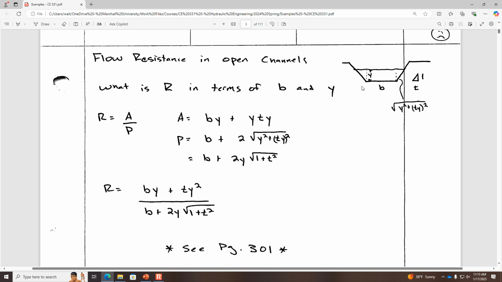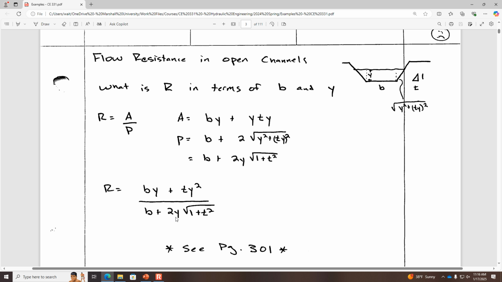There's one on the right, one on the left, and each one of them is the square root of y squared plus ty squared. So ty is the distance across the top, so it's just saying we want to know the length of one of these. It's going to be y squared plus ty squared, and take the square root of that, and then we've got 2 of them. So 2 times that quantity. So that's the wetted perimeter.